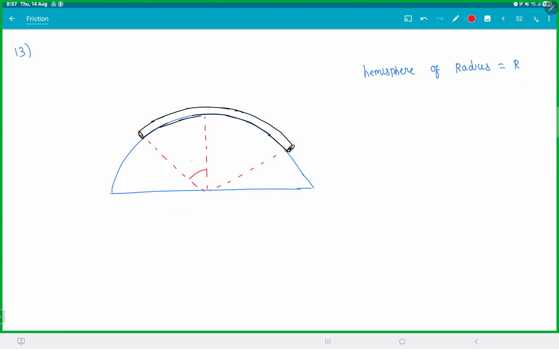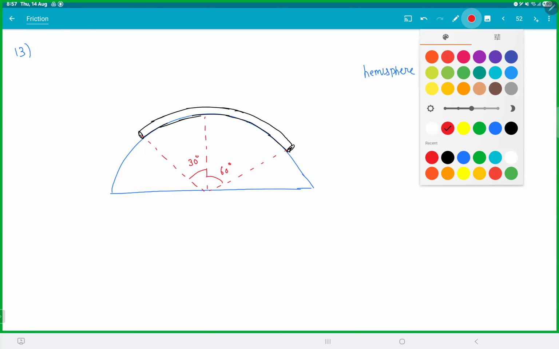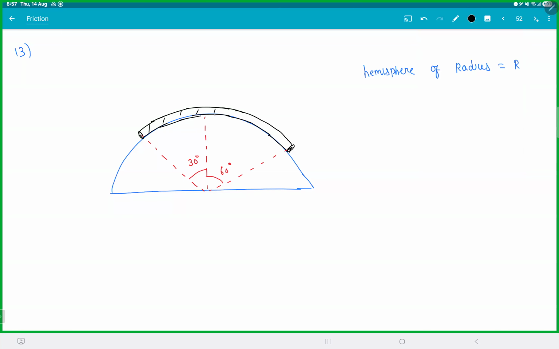This angle is 30 degrees. This angle is 60 degrees. The rope is about to slip. So both the sides are not equal. This is mu. Find mu.